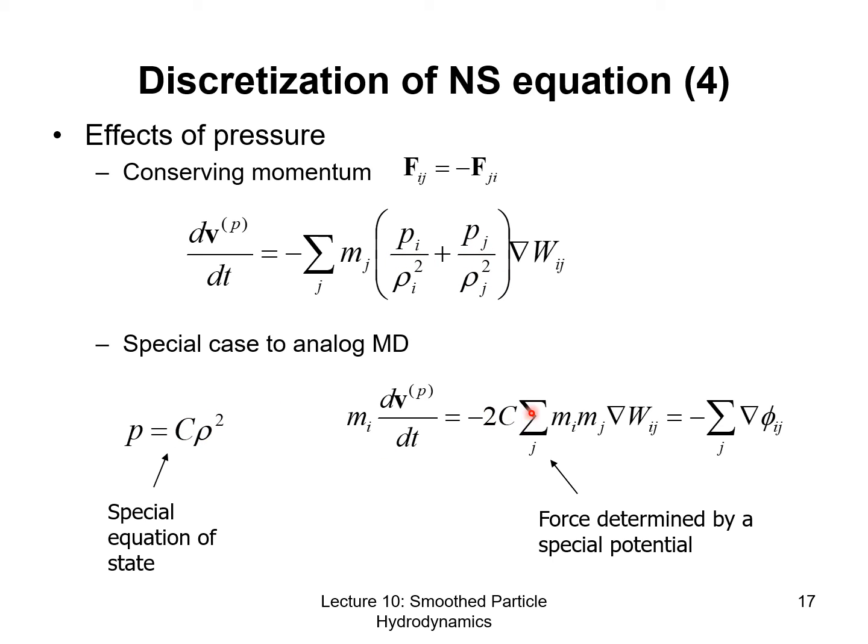Then you have C with the kernel, and you can see the kernel is like a potential function, and this force can be a potential force. So SPH can be explained as a special form of molecular dynamics if we don't consider viscous force. But in SPH we do consider viscous force, so it will be slightly different.